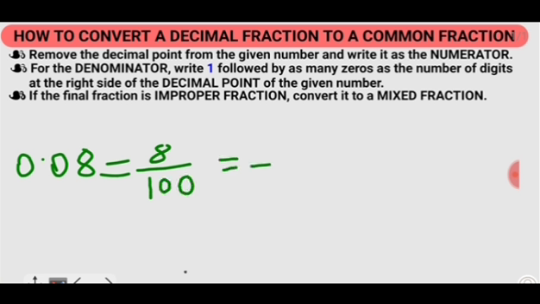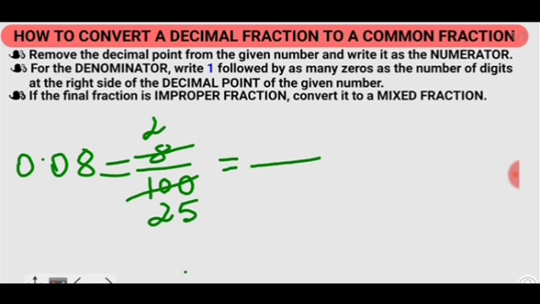The next step is to cancel by a common factor again. You can cancel by 4. 4 25s are 100 and 4 2s are 8. So our numerator is 2 and the denominator is 25.